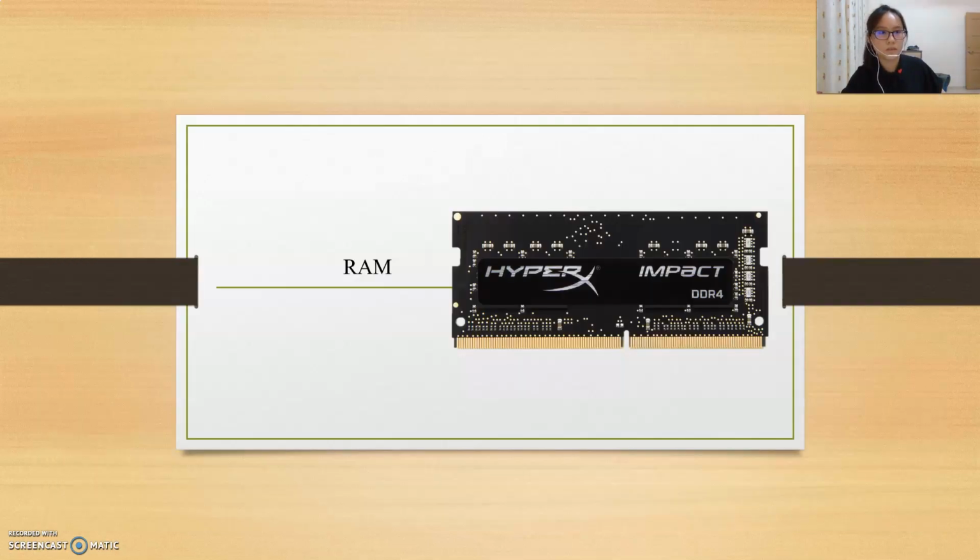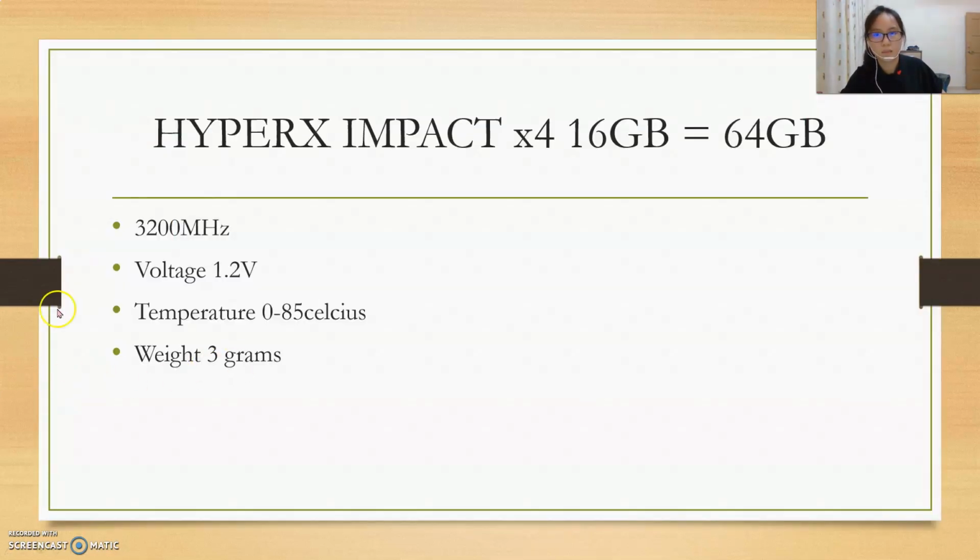So the next specification that we use is RAM, and the type that we use is HyperX Impact 4 times 16 gig, which is equal to 64 gig. And here we list out the specifications of this RAM.